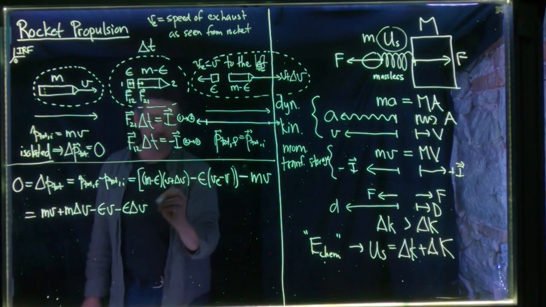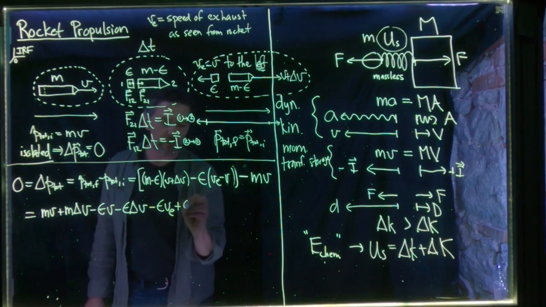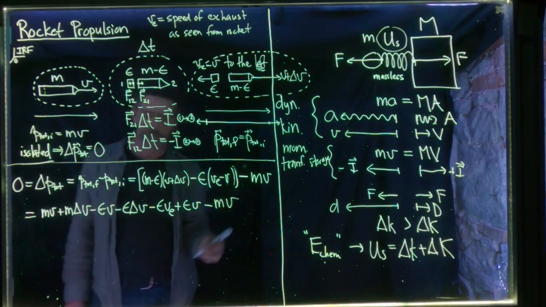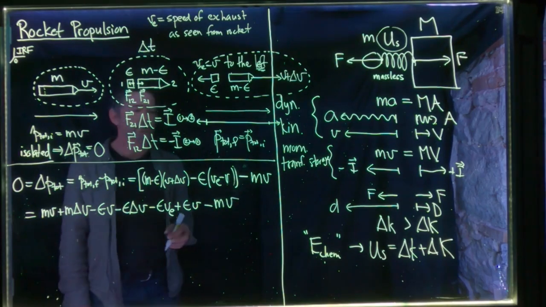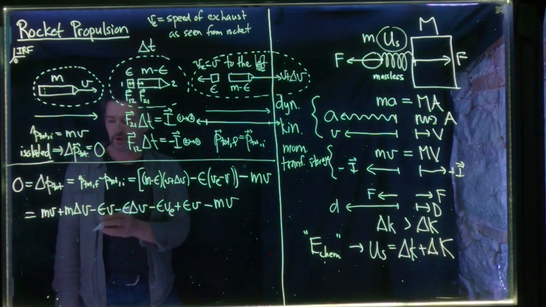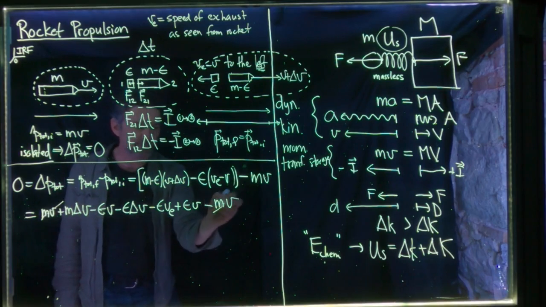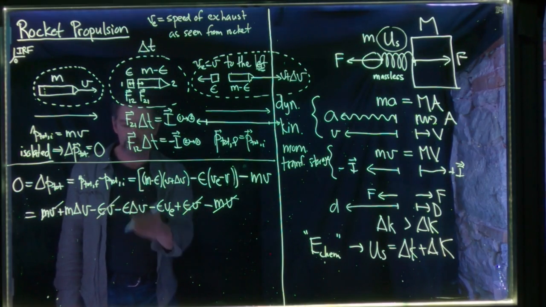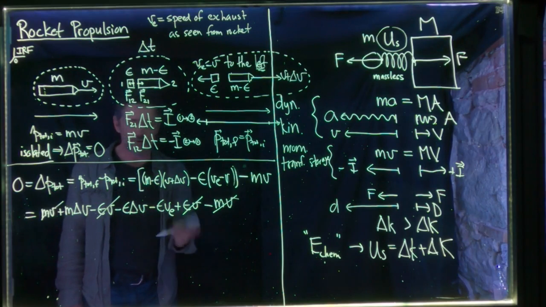And then there's a minus epsilon times VE, and then there's a positive epsilon times V, and then there's finally a minus MV. Okay, looks like a whole bunch of terms, big mess, but what we can see is there's lots of cancellations. So this positive MV cancels that minus MV, great. And there's a positive epsilon V and a minus epsilon V, so those things cancel. So we went from a whole bunch of terms down to, what do we have left? 1, 2, 3 terms.